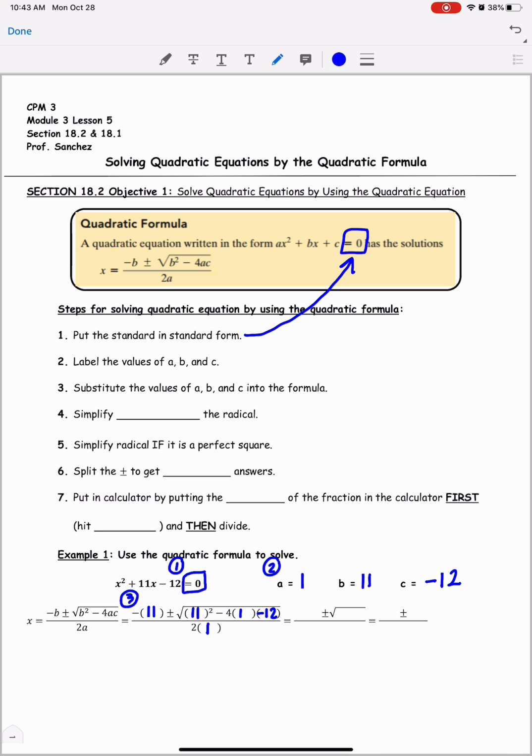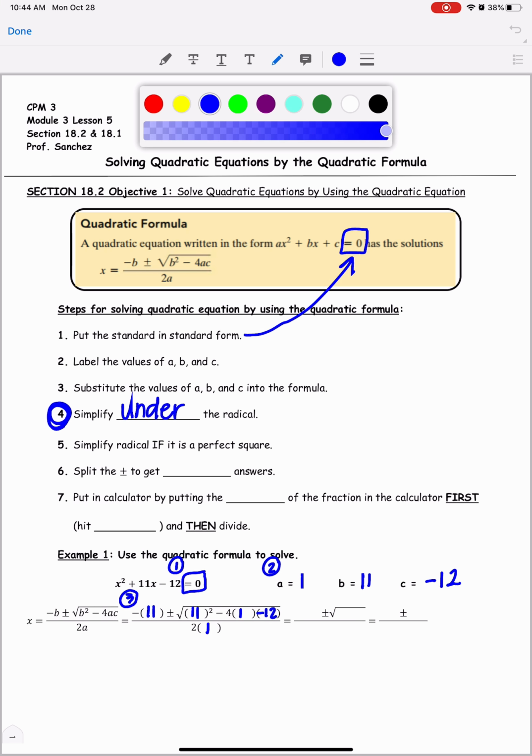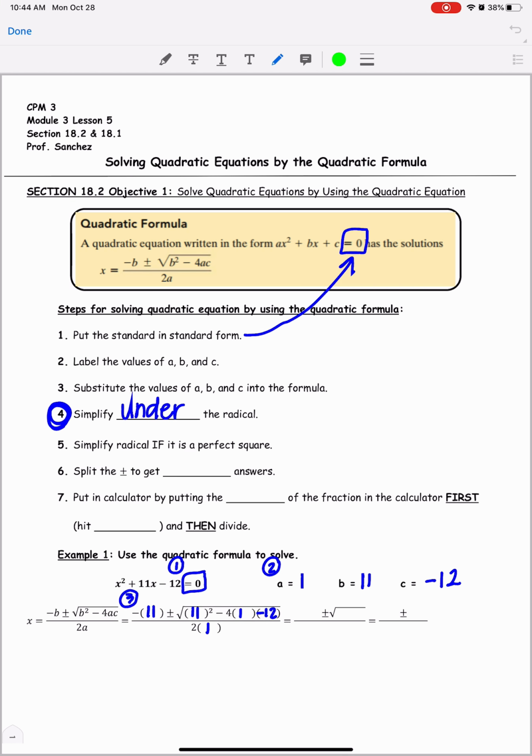Step 4 is really important, and this is where I seem to see a lot of mistakes start happening. Simplify under the radical, not including the radical, just under it. So if you notice here, when it goes over to this next step, it still has a square root here.